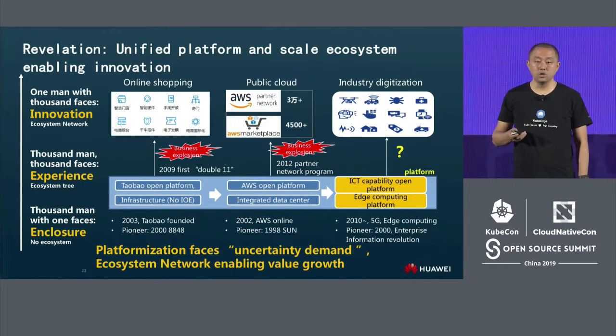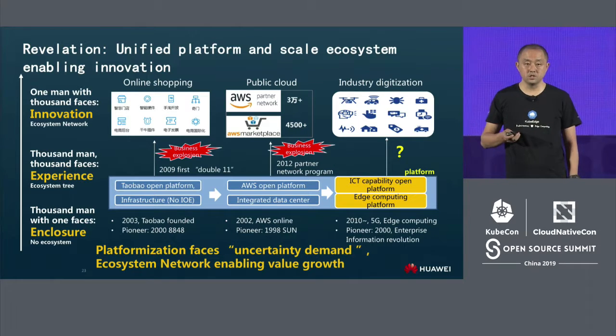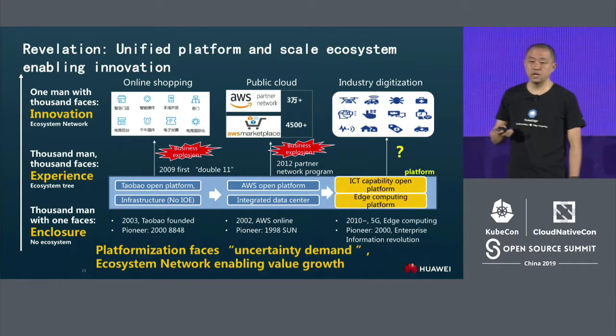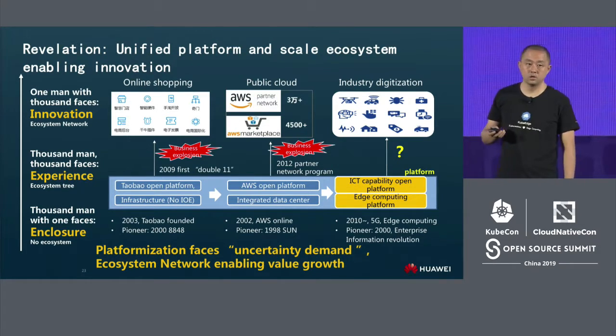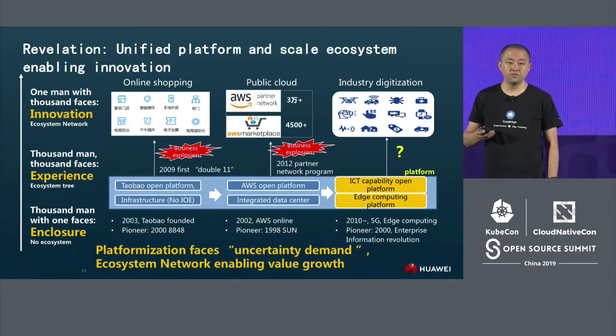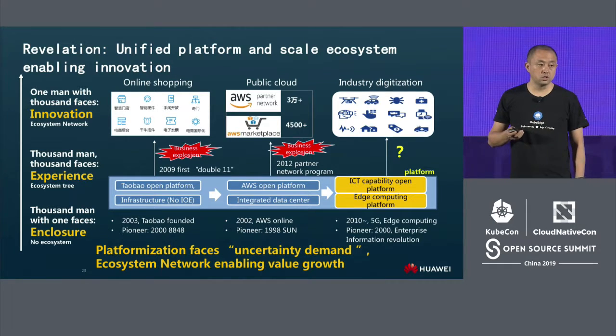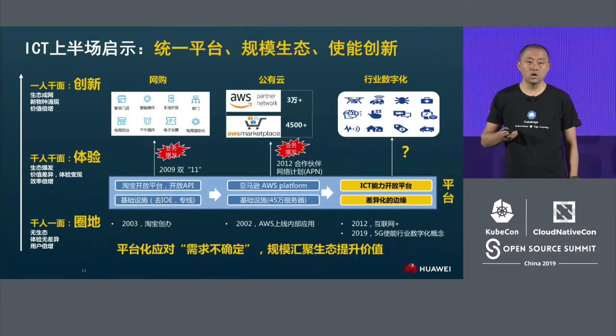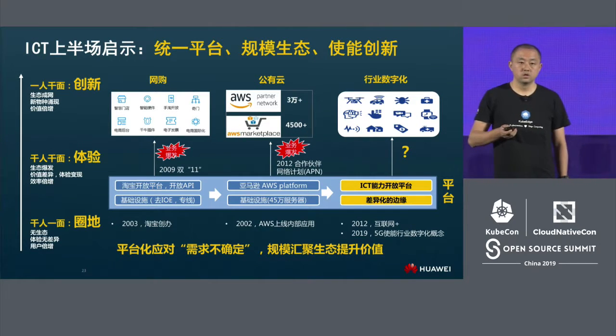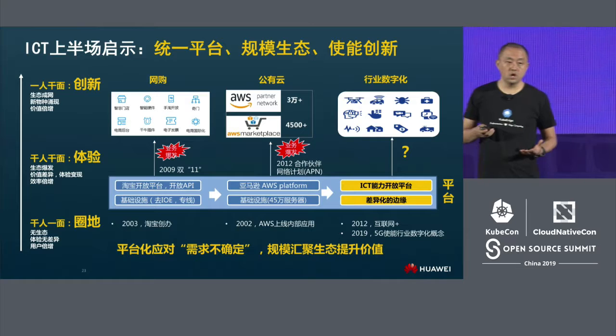So if we look at ICT technology, the first stage is marked by e-commerce and the public cloud. They have gone through 3 stages. The first is the early stage, that is to acquire the market, and there's no differentiation of the technology.